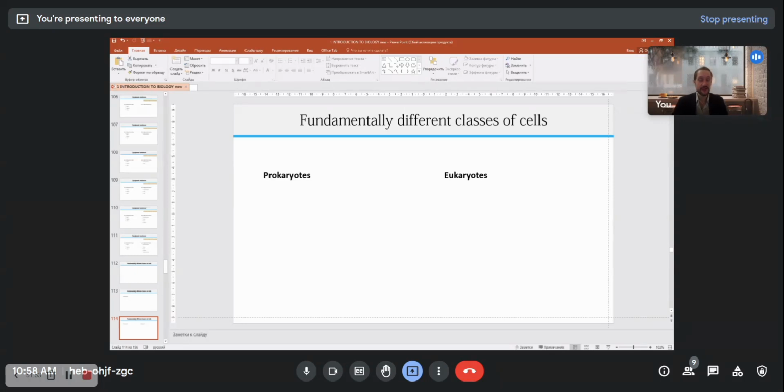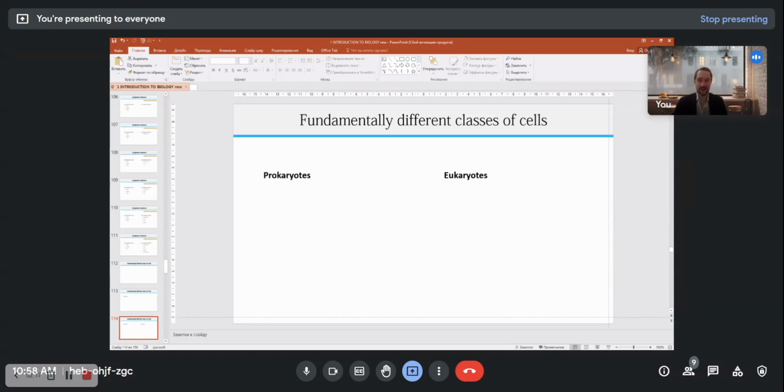And all cells in the human body belong to eukaryotic cells. Of course, that is when we're talking about cells that belong to our body, if we are not taking into consideration some parasites that can be located inside of our body, because these can be prokaryotic cells.